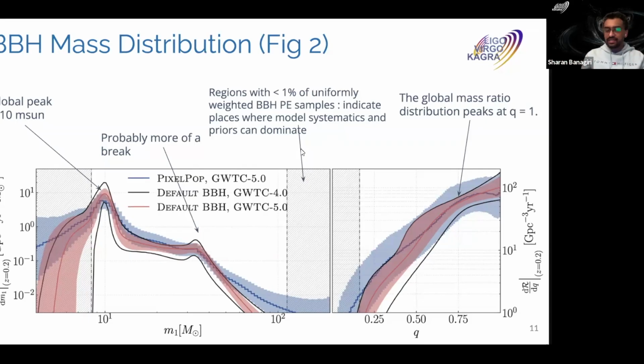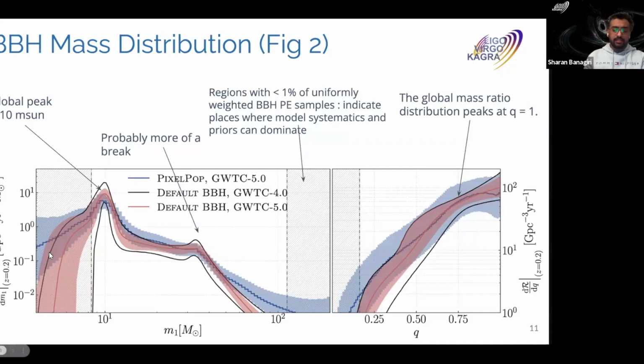So these are heuristics designed to represent regions of the parameter space where we have fewer detections and less data. So where model systematics and priors can dominate. So if you see disagreements between models in parts of this parameter space where there are hatches, don't be alarmed. This could just mean that the models are making different prior and model choices, and these can become important here.